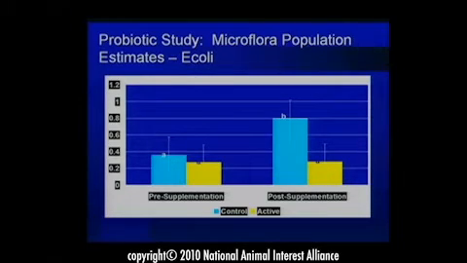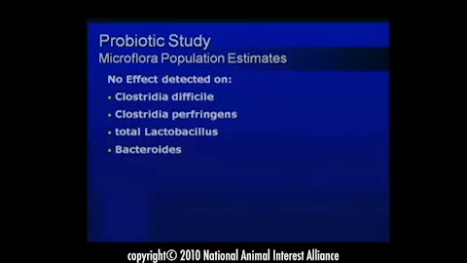The E. coli on supplemented dogs was significantly lower than the placebo group. And here's a list of other microorganisms that we tried to culture and count, but didn't detect any count changes.